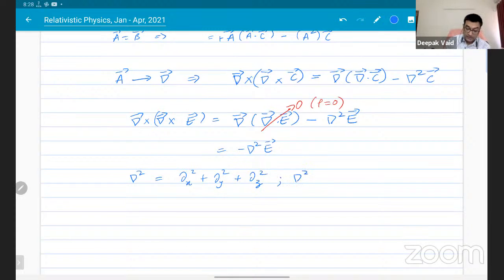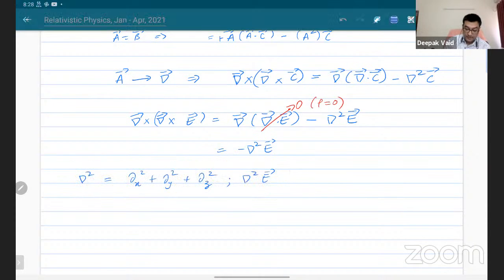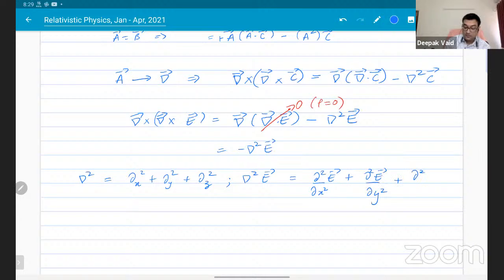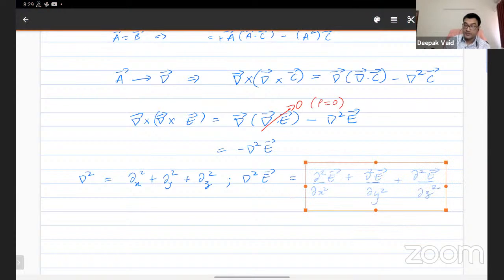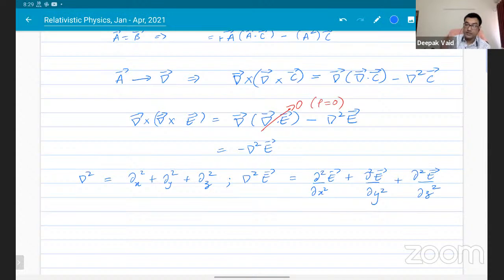So what is del square vector E? It's this quantity, right? This is a vector expression. So you have to apply it for each component of E separately, right?